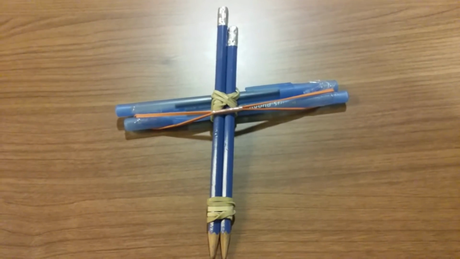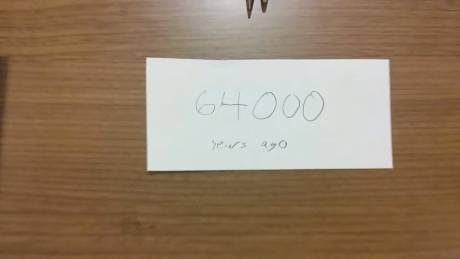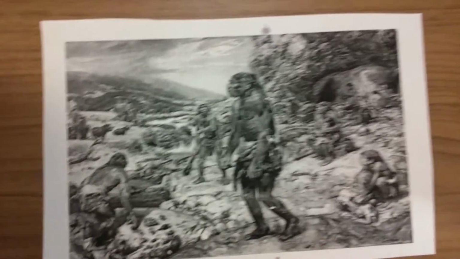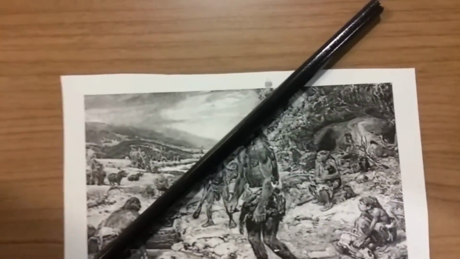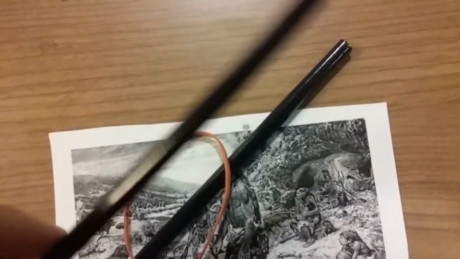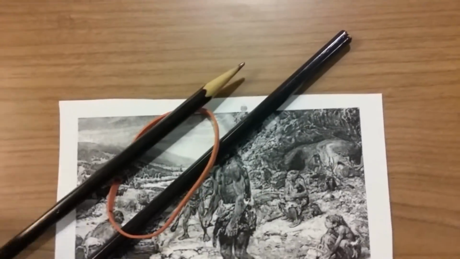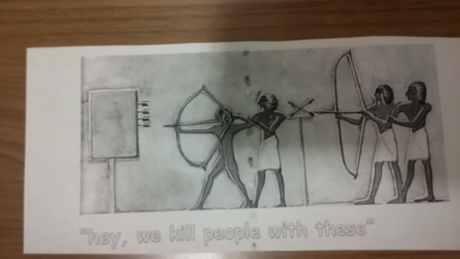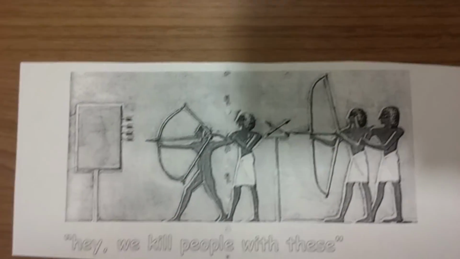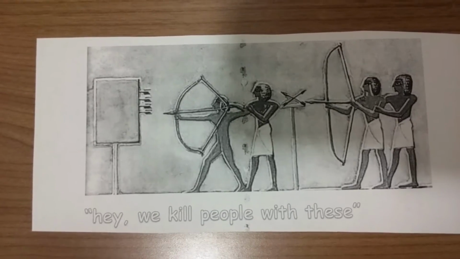Now, what is archery? Well, 64,000 years ago, some Neanderthals added some wood, string, and pointy wood together to make the bow and arrow. Around 5,000 years ago, the Egyptians began one of history's greatest trends by saying, "Hey, we can kill people with these."